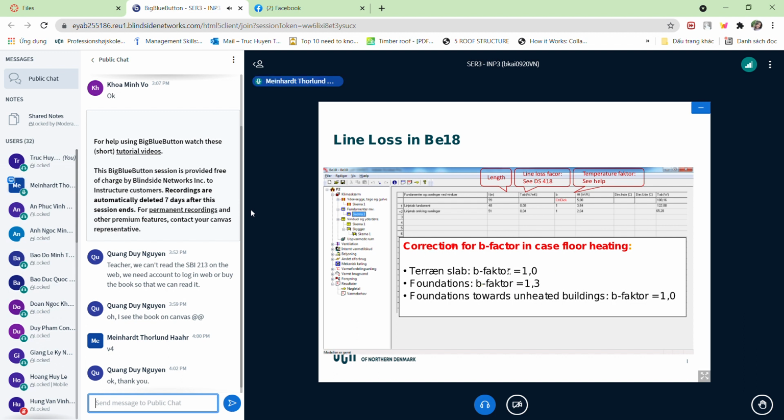In the case of floor heating, we should correct the floor: if there's a slab, it should be 1.0, but if there's floor heating, you should use 1.3. You should take this into consideration when you have floor heating.